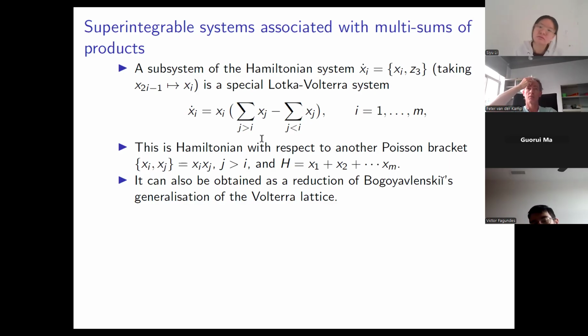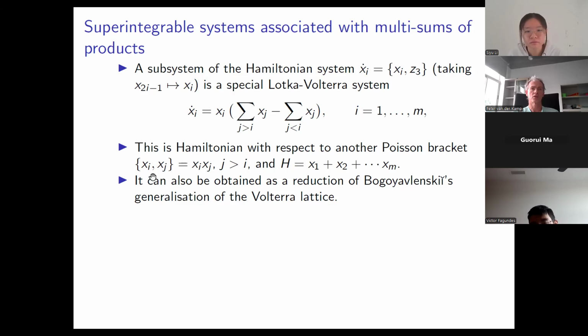I'll write down in a minute the general case of a Lotka-Volterra system, but this is what we found. This system is not Hamiltonian with respect to the constant bracket that we had before, but with respect to another Poisson bracket, namely this bracket, which you have seen in the talk by Victor as well. It's usually called a log canonical bracket, because you can introduce exponential variables and then it becomes a constant bracket.